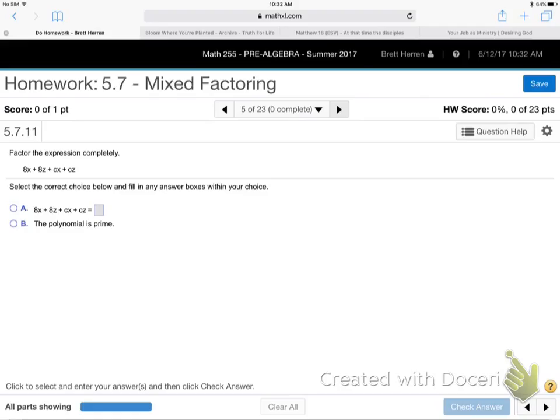So there we go. There's a 4-termer. 8x plus 8z plus cx plus cz. Four terms.